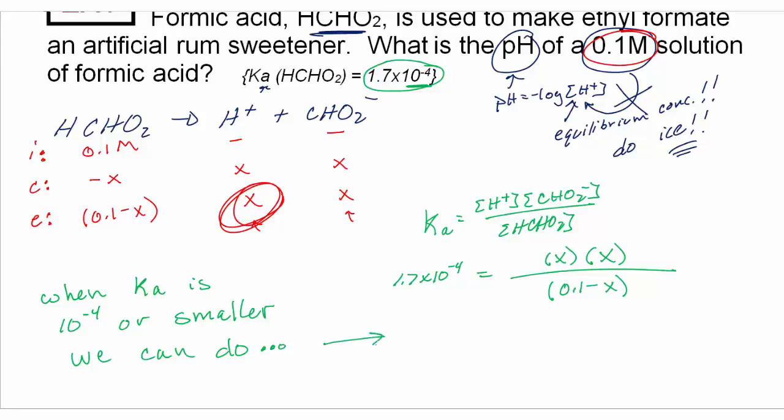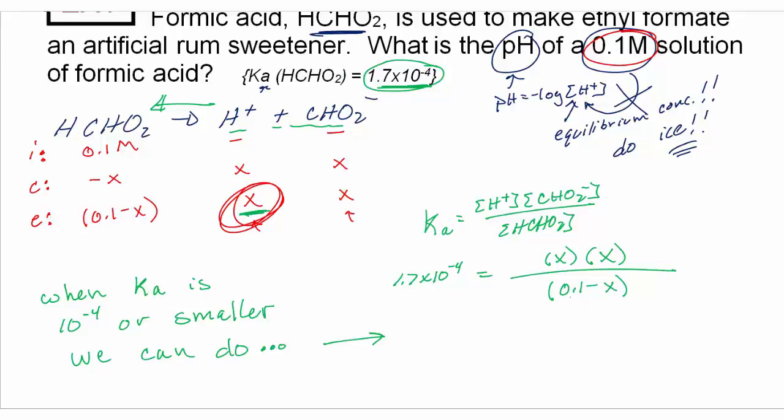What am I talking about here? If Ka is really small, that means that I don't have much product at all. This hardly happens. The reaction is all going backwards, right? We hardly get any product at all. In fact, we get so little that x is going to be extremely small. So x is a very, very small number. 0. I don't know, 6 zeros and a 1 or something. X is going to be really small.